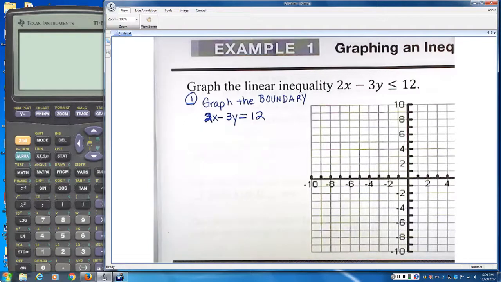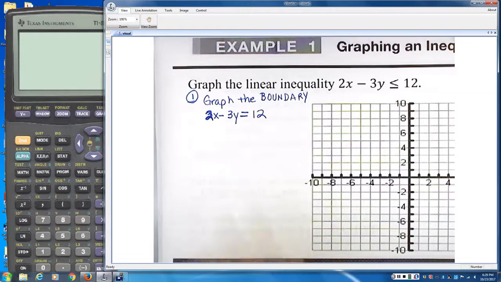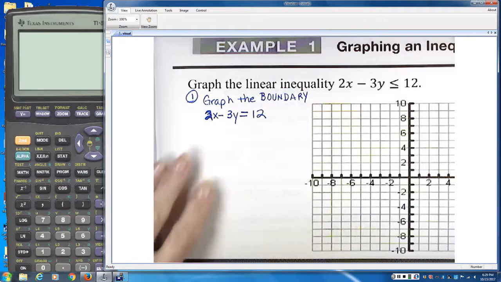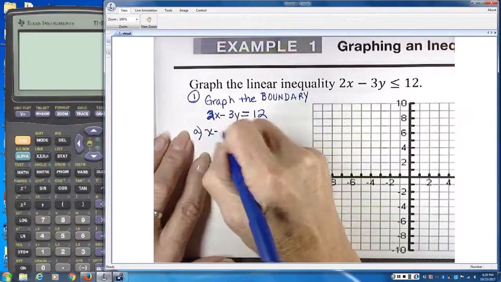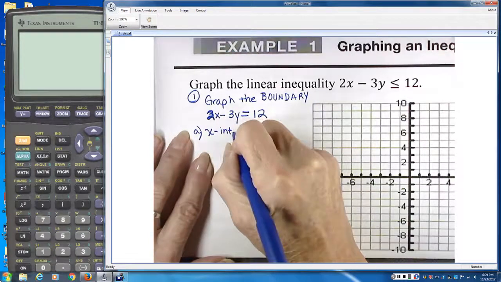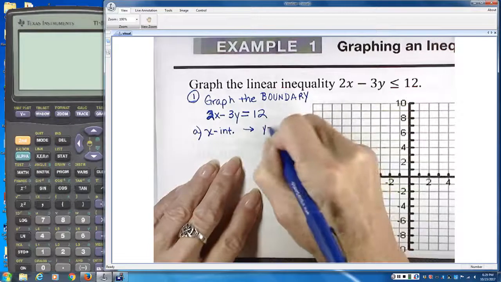Now, there is a way that you can check this very easily in your calculator, and I'm going to show you how to do it. But to begin with, I'm going to show you the best way to graph a line without having to use algebra to resolve it into y equals mx plus b. The first thing I'm going to do is find the x and the y intercepts. The x-intercept is where y is equal to 0.